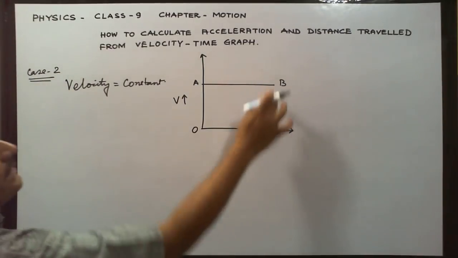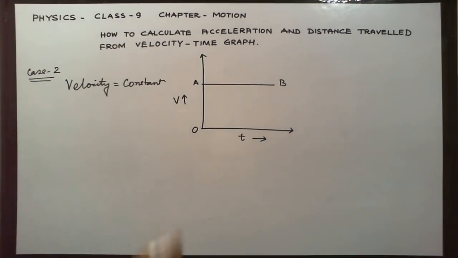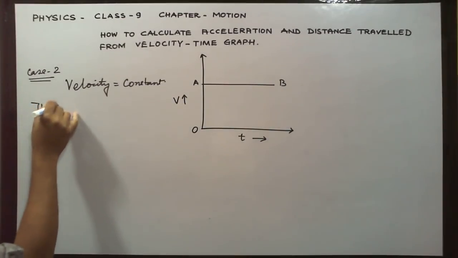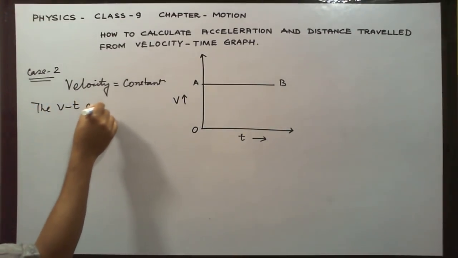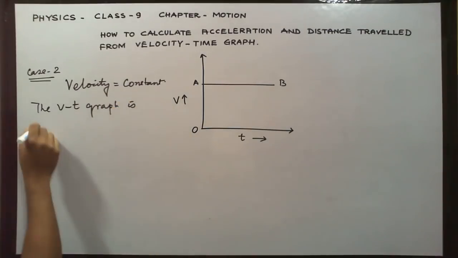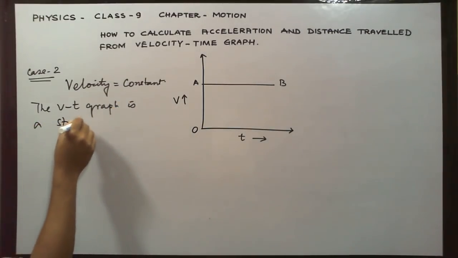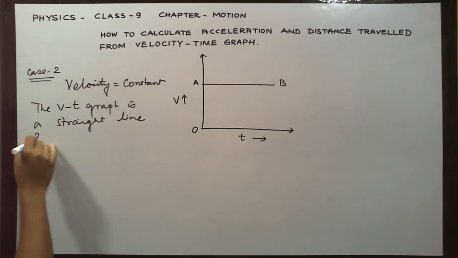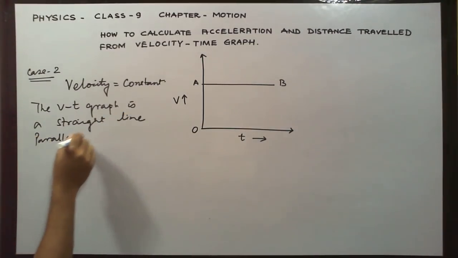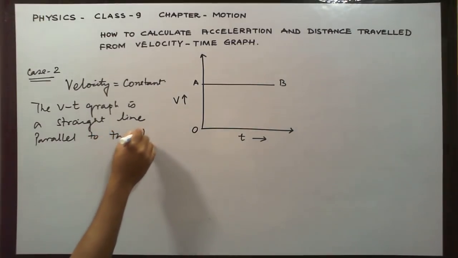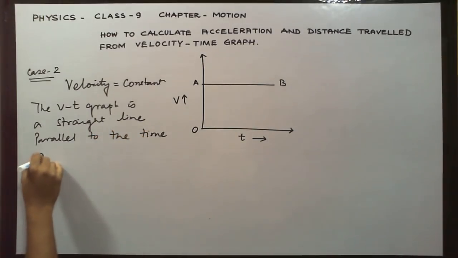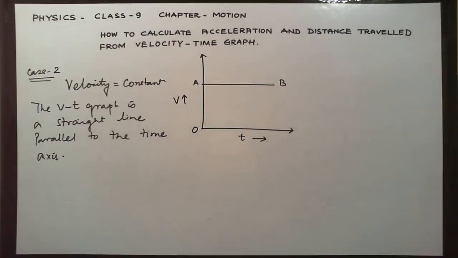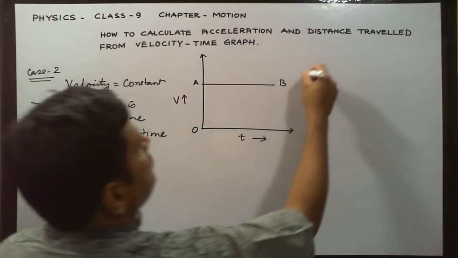So we get this type of a graph AB. The VT graph is a straight line parallel to the time axis.